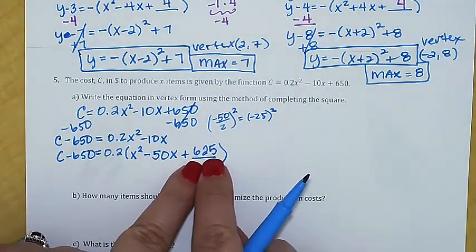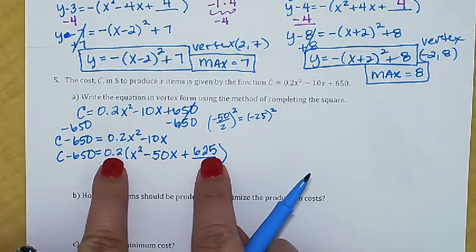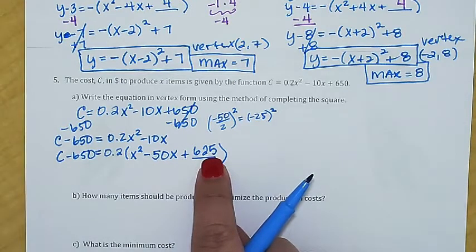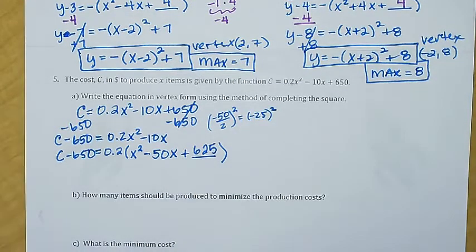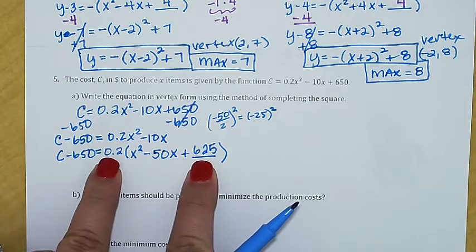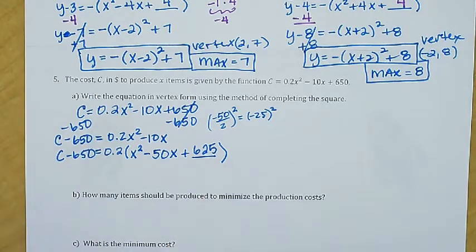Now it looks like a 625, but it really isn't, right? It's 0.2 times that. And so just remember, just like we had to take that negative into account, you want to multiply these two things together and then use that result as what you actually do on the other side.